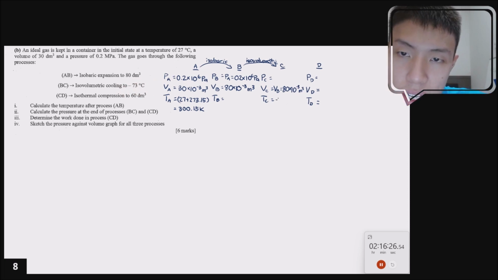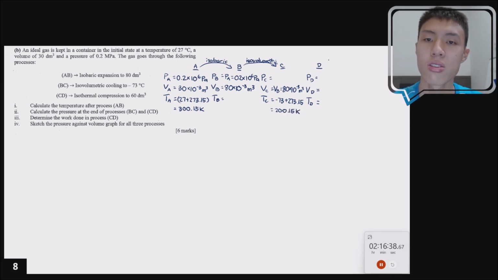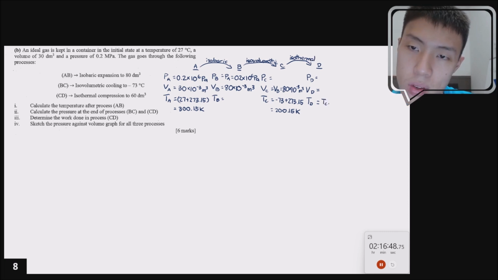The temperature is negative 73 plus 273.15. So that will be 200.15 Kelvin. Okay, so next from C to D, what happened is isothermal compression. Because it's isothermal, the temperature will be the same. So TD will be equals to TC, which is 200.15 K.